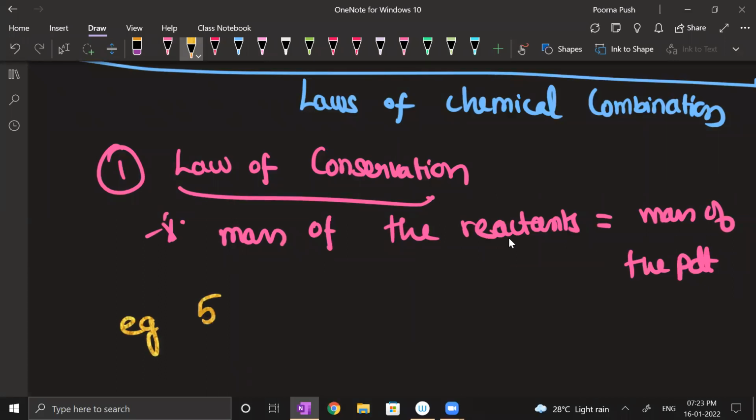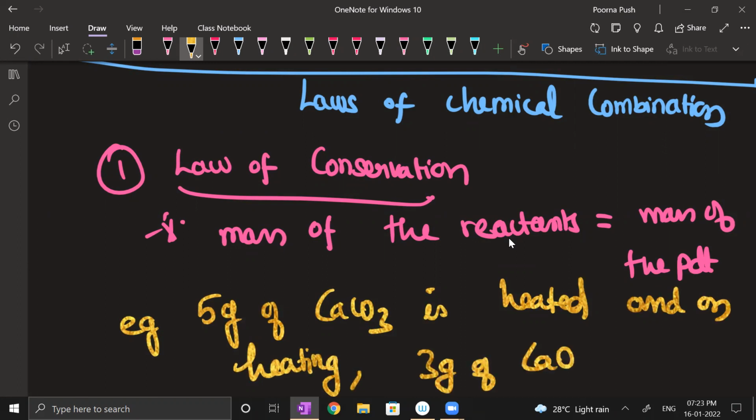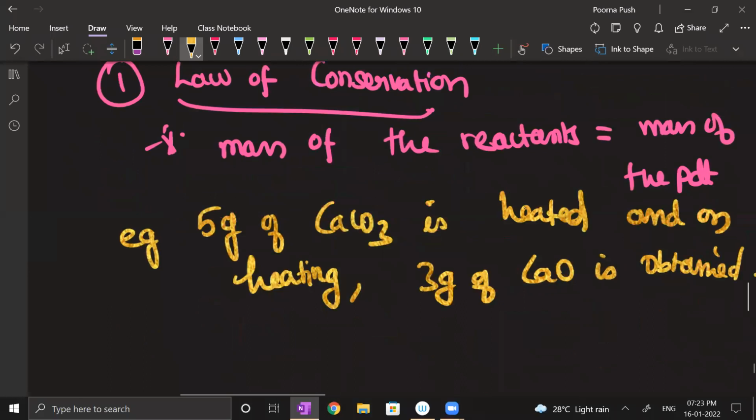Look at this example. 5 grams of calcium carbonate is heated, and on heating 3 grams of CaO is obtained. Find the mass of CO2.